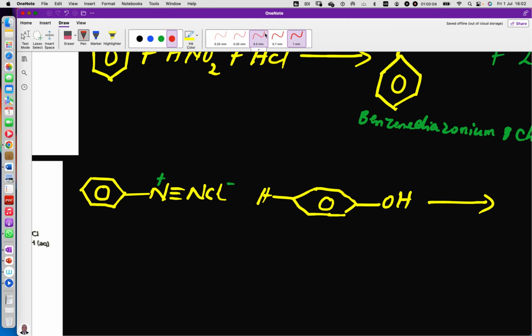A coupling reaction. Here, one of these bonds is taken to the chlorine. Now our product here will be the benzene.